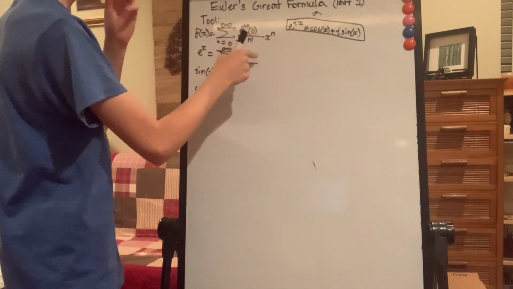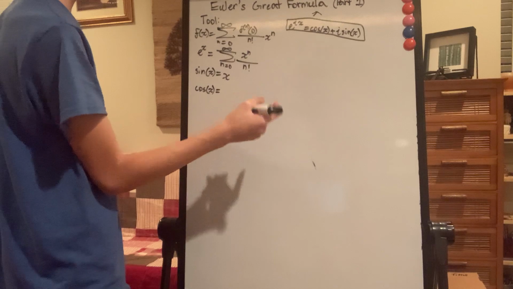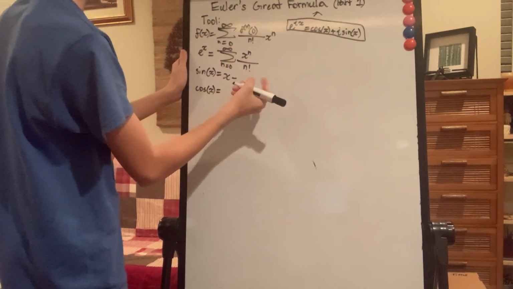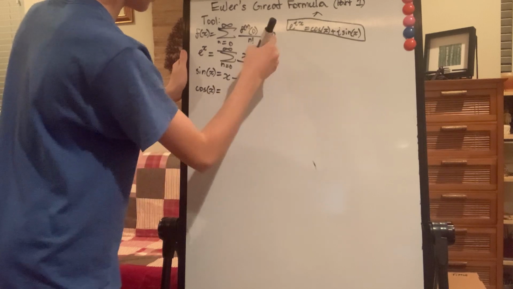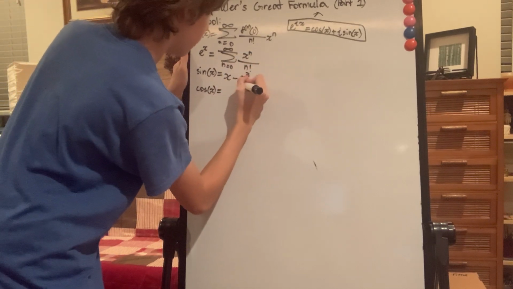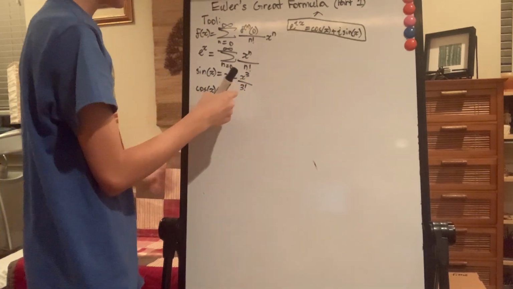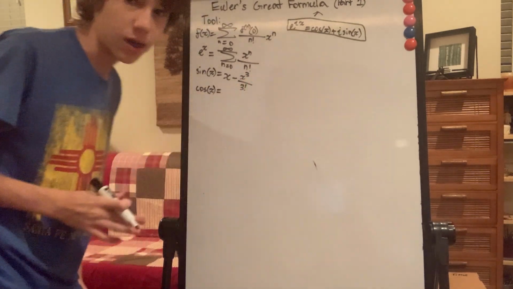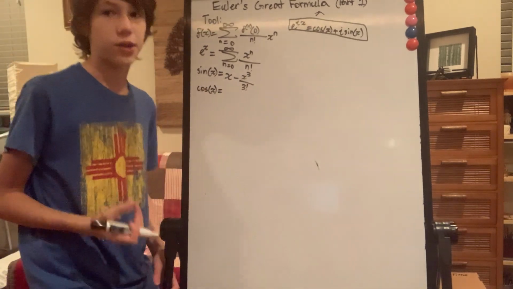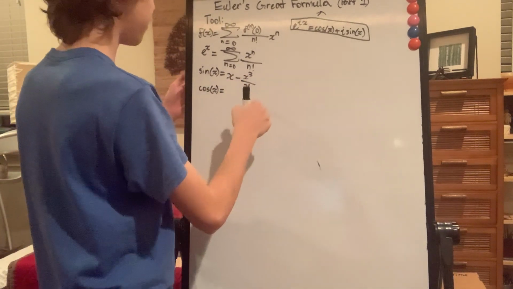So we have minus 1 over 3 factorial, which gives minus x to the third over 3 factorial. And it's not a good idea to expand this out, because if we expand this stuff out, we're not going to find our pattern as easily. Next term.